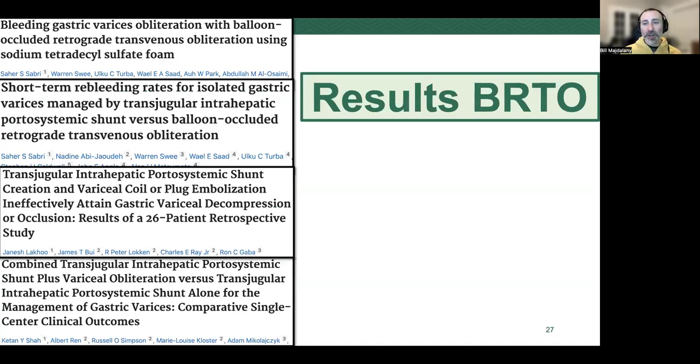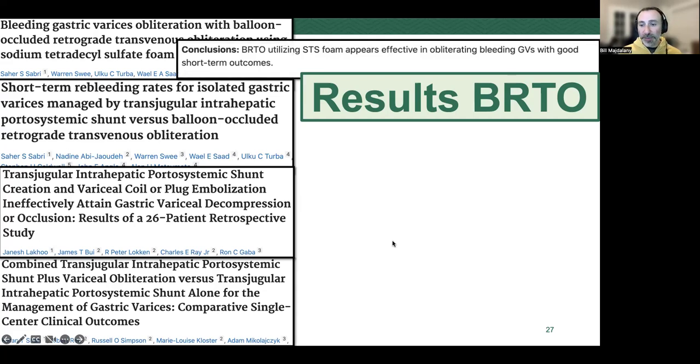Just looking at some of the results of BRTO, I chose some of the papers that are a little bit older, approximately 10 years old or so, to discuss its evolution of how we use it and what its potential upsides are. When we look at bleeding gastric varices, some of the original papers came out of UVA, at least in terms of the US.